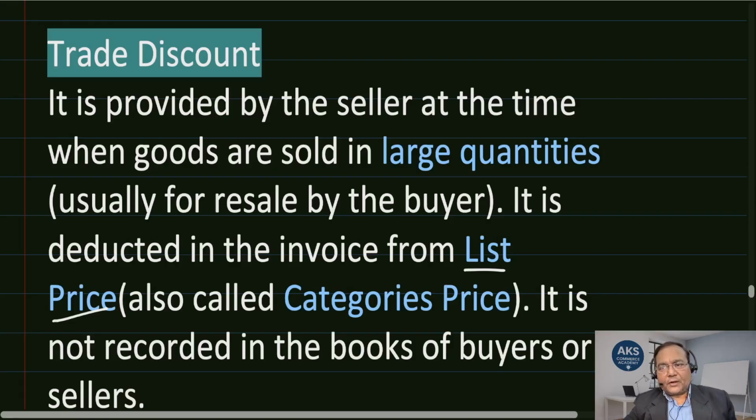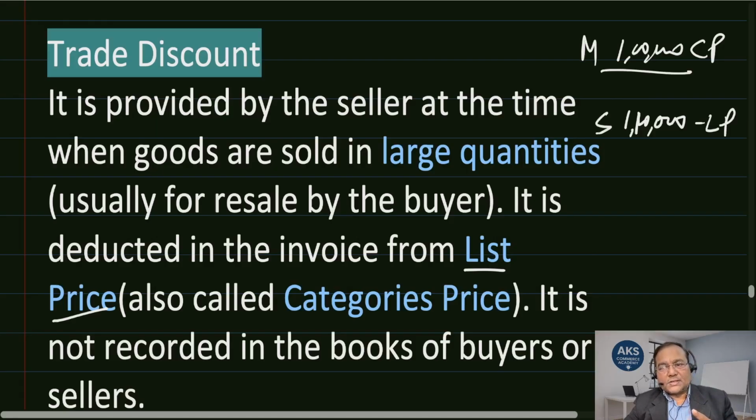Let's say if the cost is 1,00,000, it may suggest to the wholesaler that the list price may be 1,10,000. Now this is the cost price and this is the list price. Now the manufacturer has sold goods to the wholesaler. The wholesaler's cost of buying may be 1 lakh or 1,01,000, and the list price mentioned there is 1,10,000.